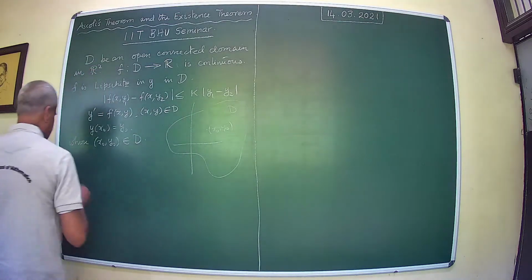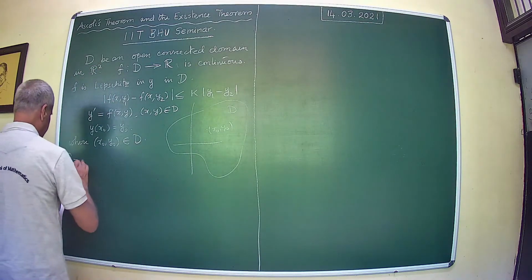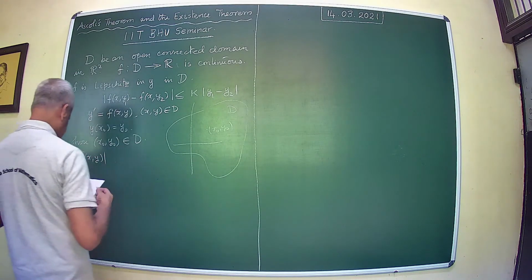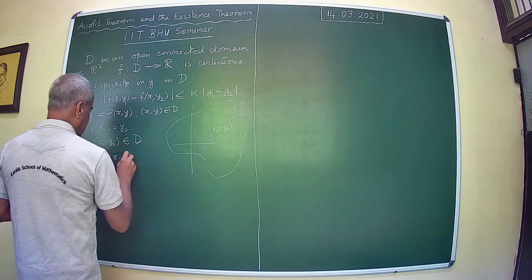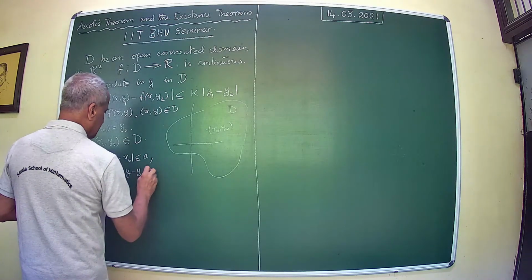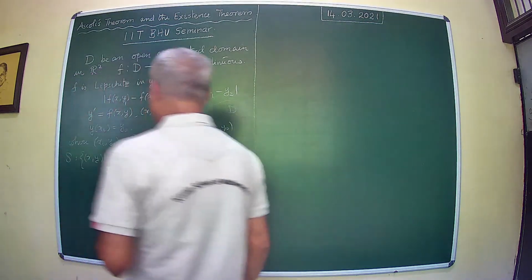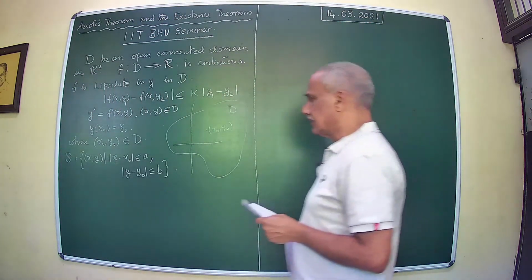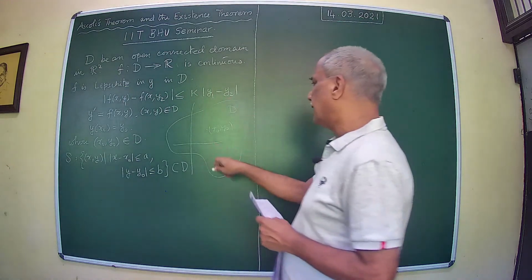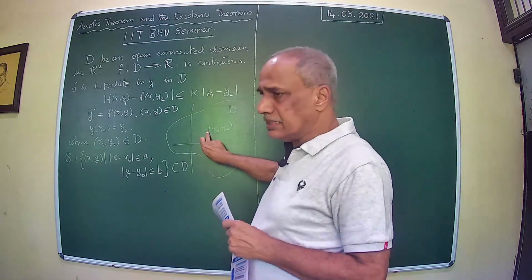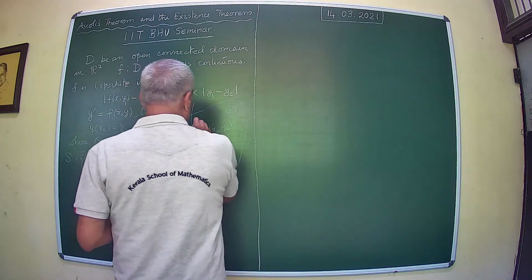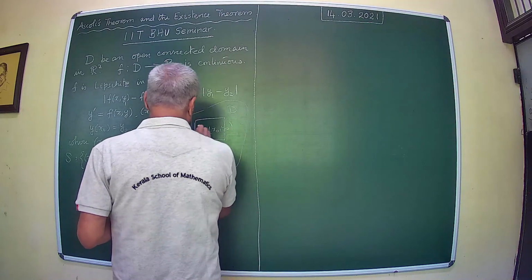So let S be the rectangle such that mod x minus x naught is at most A and mod y minus y naught is at most B, where A and B are some positive numbers such that S is contained in D. So you see that this is an open connected region, therefore (x naught, y naught) is an interior point, so there exists some rectangle which is fully contained in this region. That is no problem.